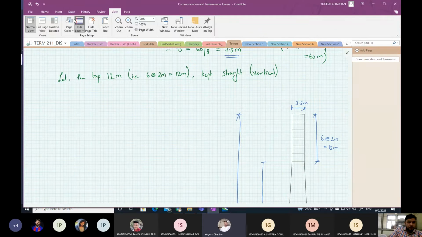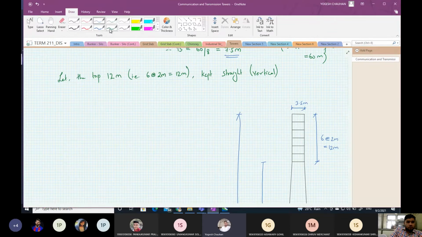So let us find the inclination of the base leg.